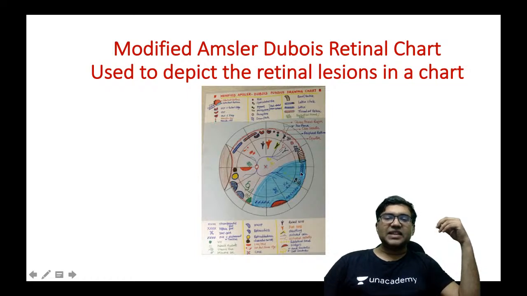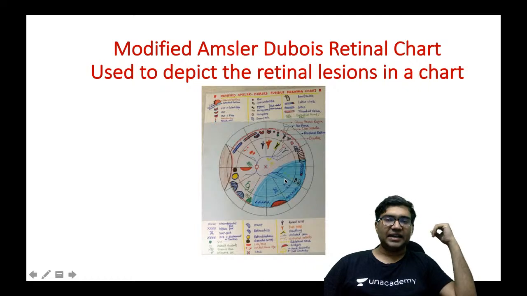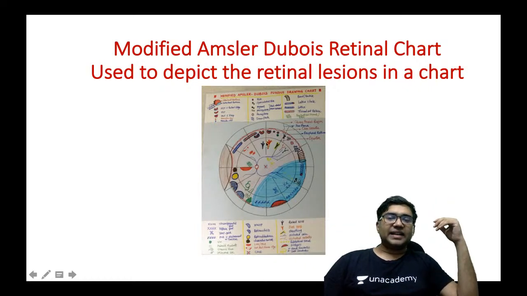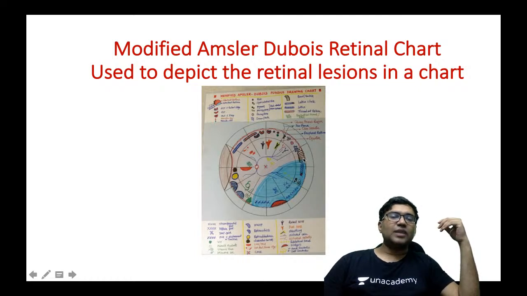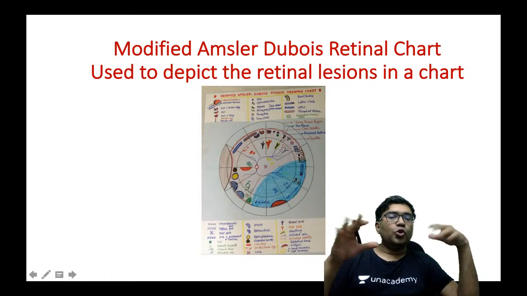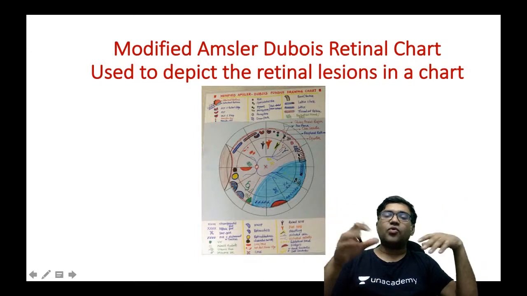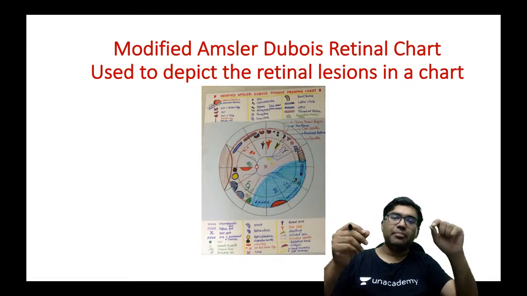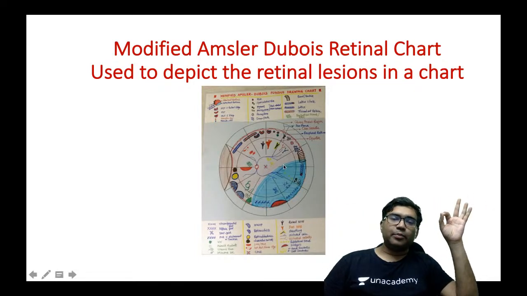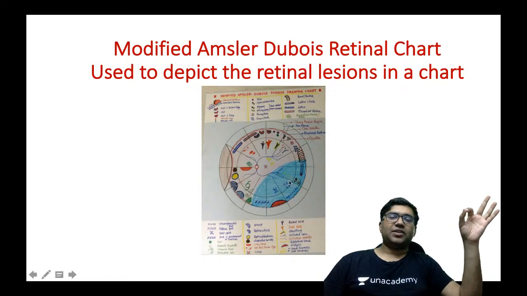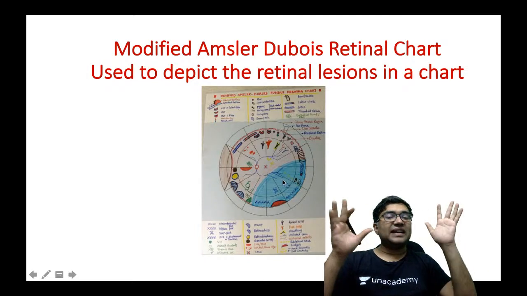The various colors you are seeing: the blue color here is the retinal detachment. The red color is the neovascularization. The blackish pigmented lines are the lattices. You do not have to go into the details of what every color means, but remember only one thing: blue means retinal detachment.